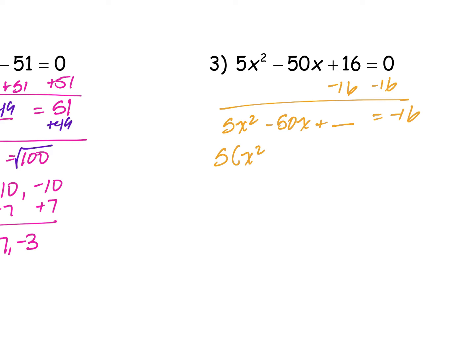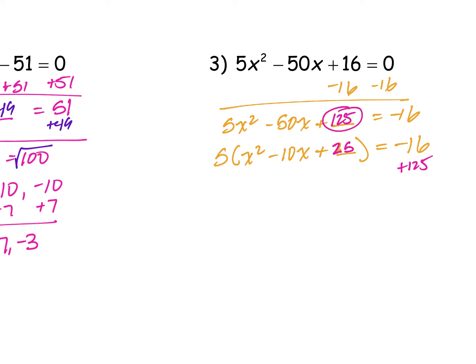So 5x squared minus 10x plus some number equals negative 16. Half of 10 is 5. 5 squared is 25. And 25 times 5 is 125. So what I'm actually adding to both sides is 125, right?